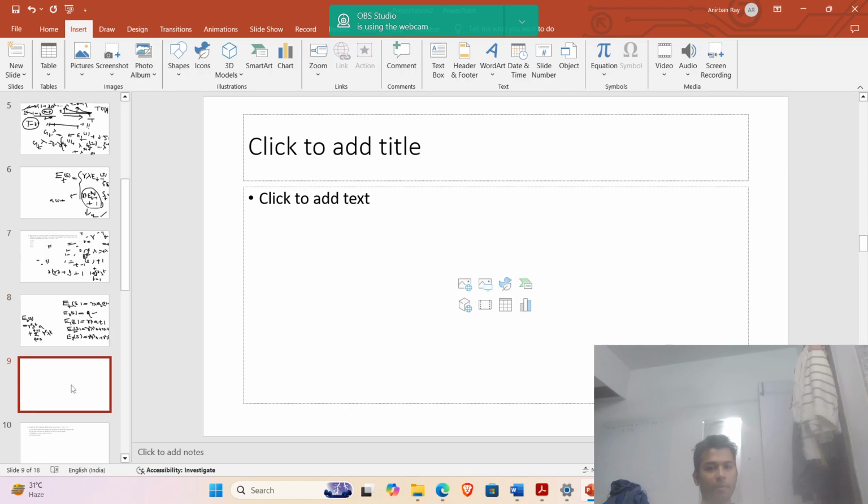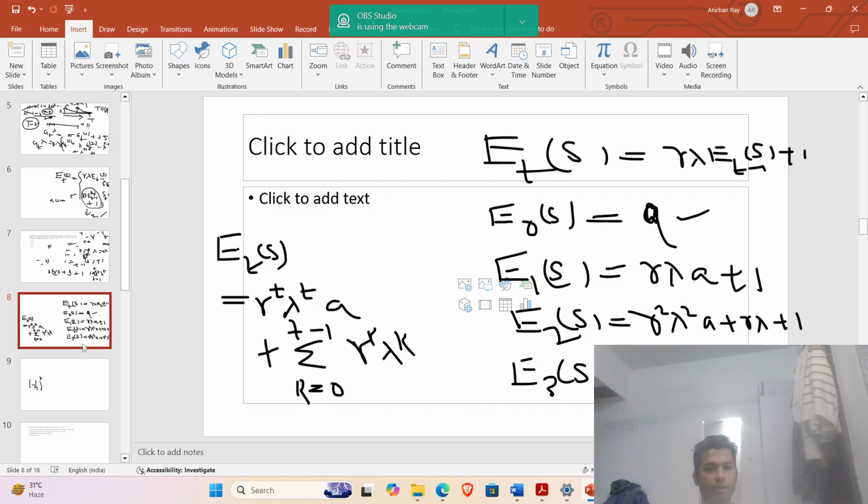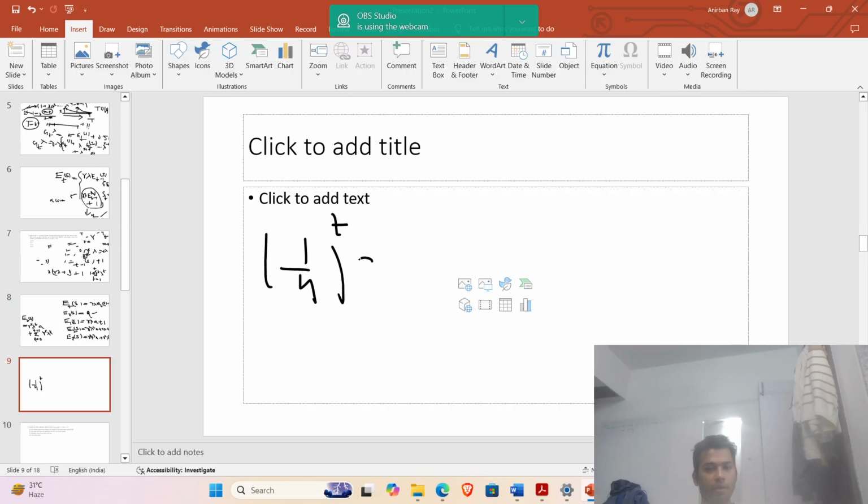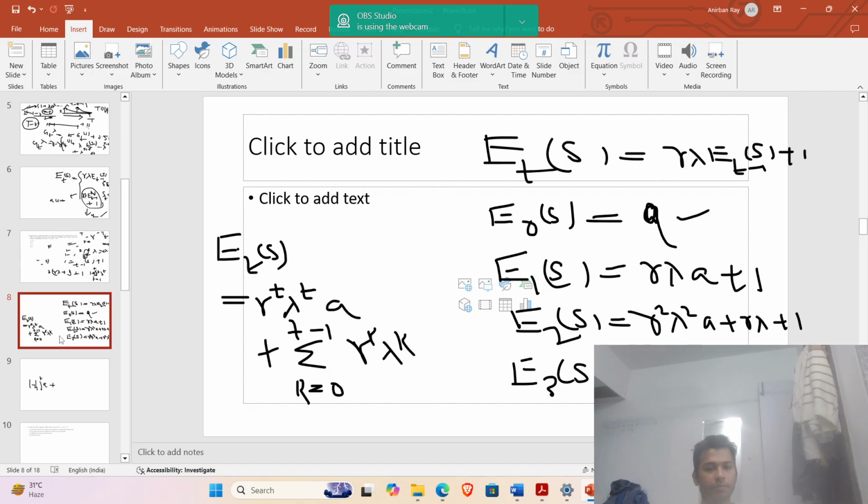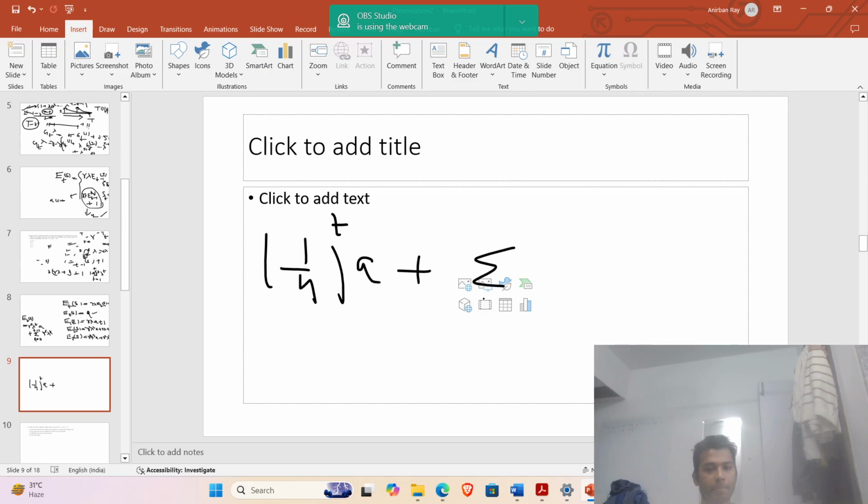Now gamma lambda is 1 by 2 times 1 by 2, so this becomes 1 by 4 to the power t, multiplied by A, plus summation k equals 0 to t of gamma^k lambda^k.